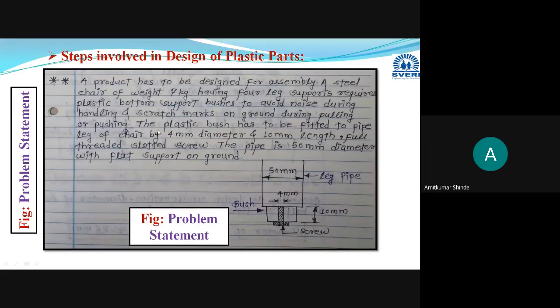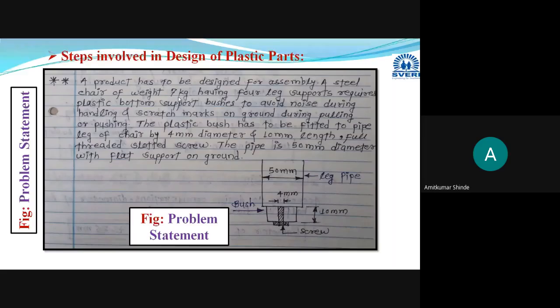Here a product has to be designed for an assembly. This product is a bush with a boss, and what is the purpose of providing that boss? It will help in the assembly, which we have already discussed in the previous session.